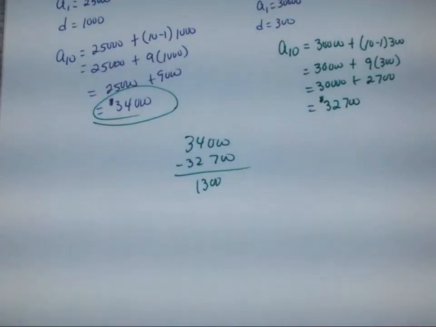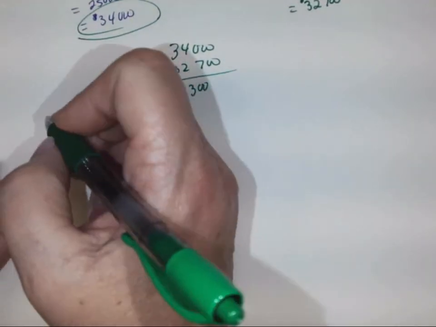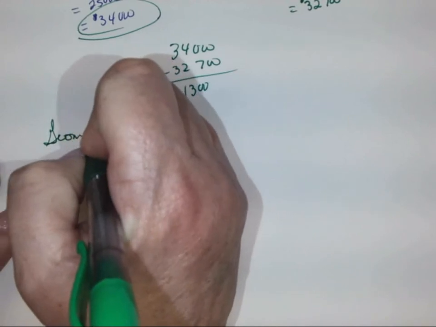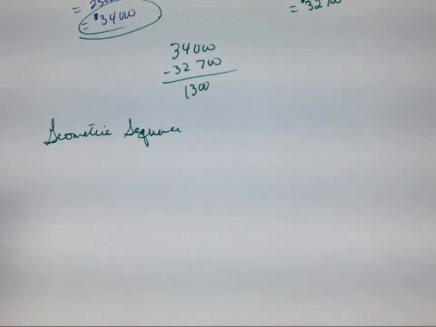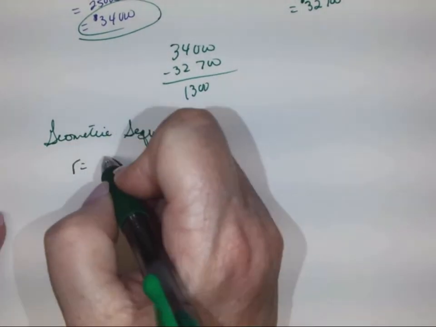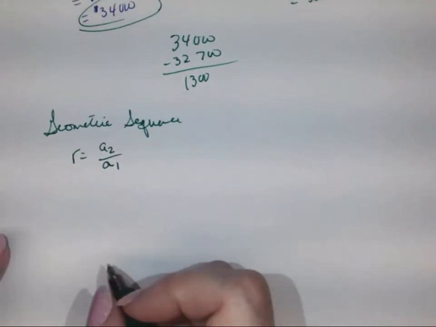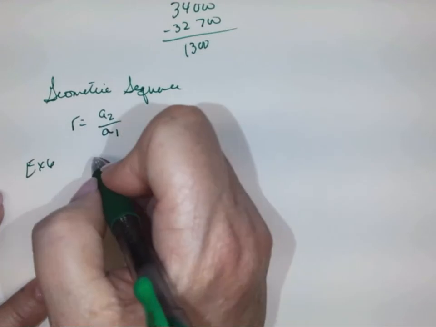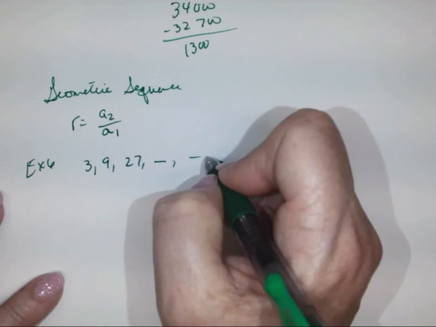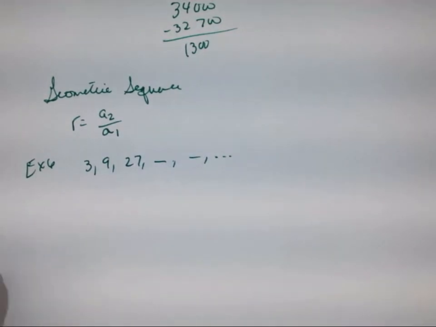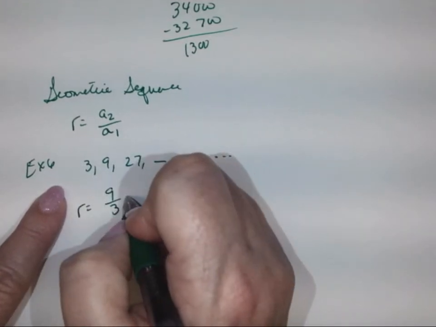So let's go look at geometric. To find r, it will be a sub 2 divided by a sub 1. You'll find the ratio. So if we look at example 6, and we are given 3, 9, 27, and so forth, we will find our r will be equal to 9 divided by 3, which is 3.